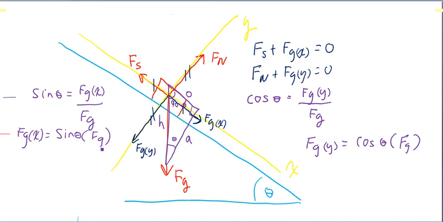If it has an acceleration down the ramp, then of course Fk and Fg in the x direction won't equal 0, but they will equal some amount of force, and you can determine that force and thereby determine the acceleration. And that's what we'll be doing in the next unit. Thank you for listening.